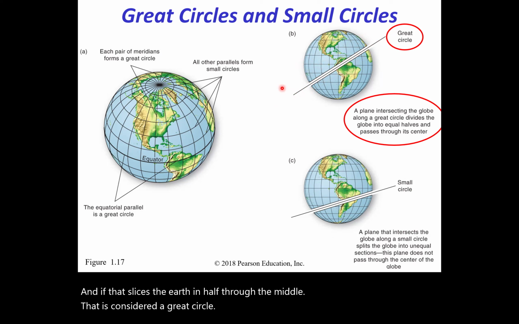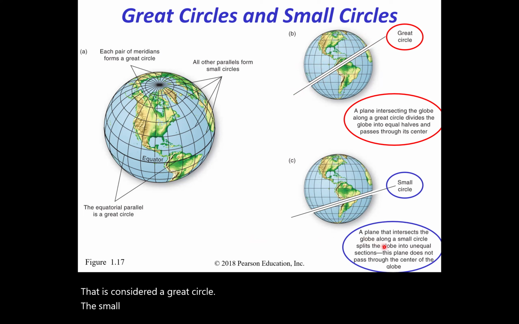The small circle, on the other hand, is any other line that I can draw that wraps around the Earth, that is not cutting the Earth in half, not passing through its middle.